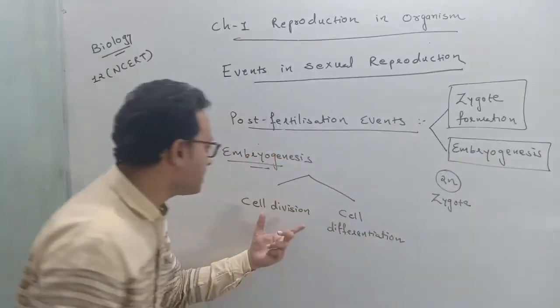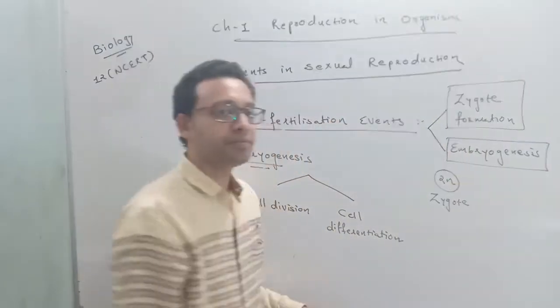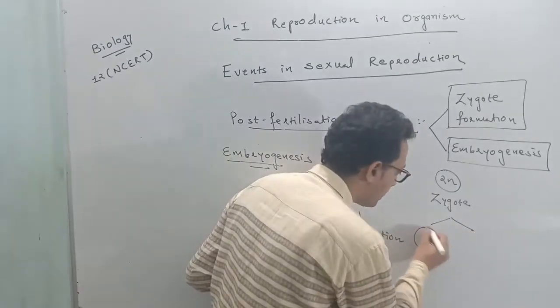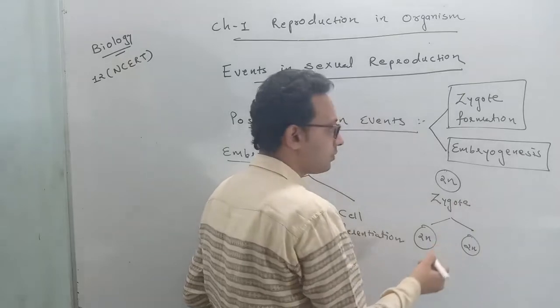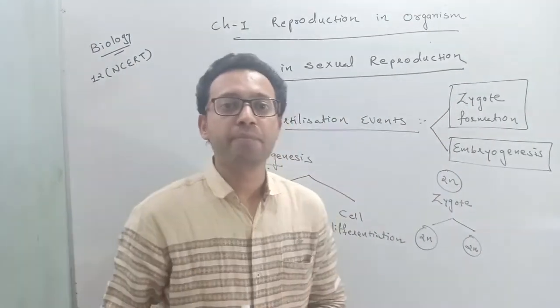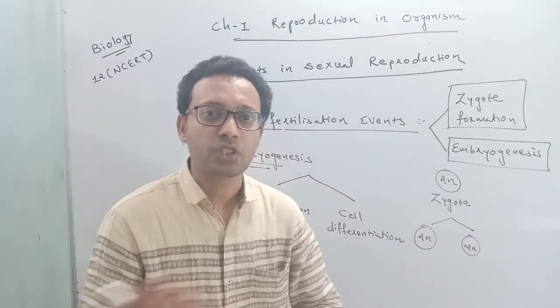Now the first process that occurs is cell division. The name itself suggests the cell divides. The cell divides by mitosis and forms two daughter cells, or it divides by meiosis and four haploid daughter cells are produced, whatever it may be. Clear, whether it's mitosis or meiosis.